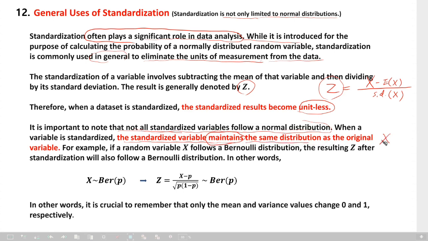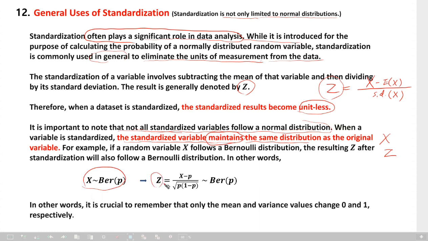Let x have some distribution, then G, the standardized variable, also keeps that distribution. For example, if random variable x follows a Bernoulli distribution, then the resulting G after standardization will also follow a Bernoulli distribution. In other words, x is distributed Bernoulli with parameter p, okay?